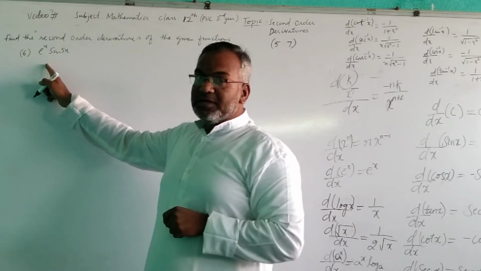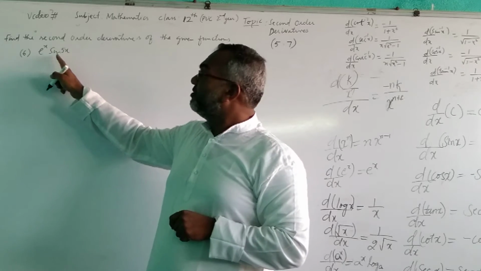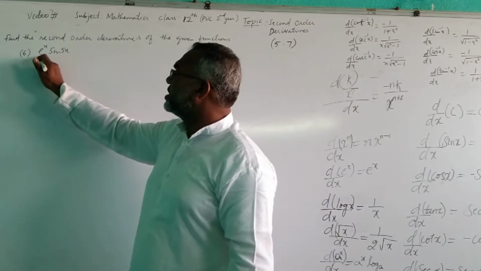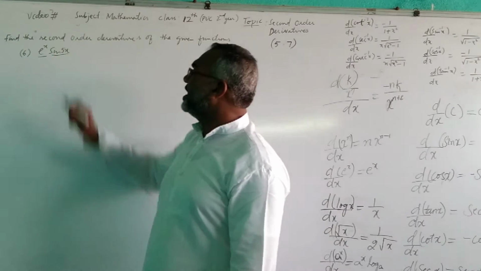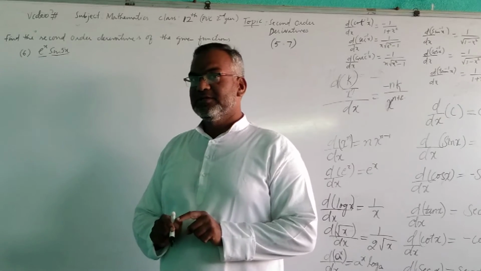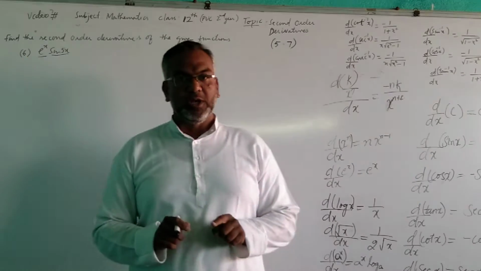That is e to the power of x into sine 5x. We have to find the second order derivative. Two functions are there: e to the power of x is one function and sine 5x is another function. They are in product, so definitely we have to apply the product rule, the UV rule.